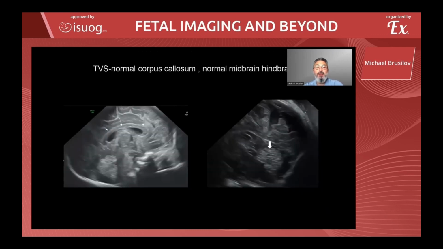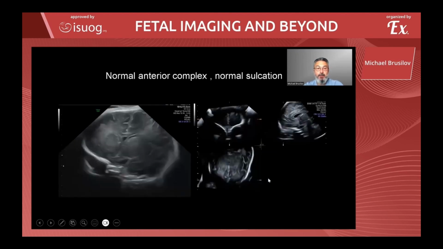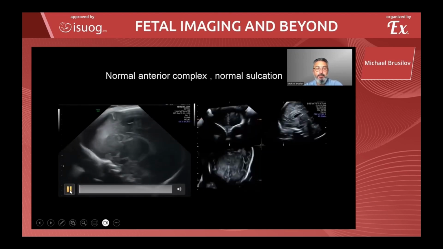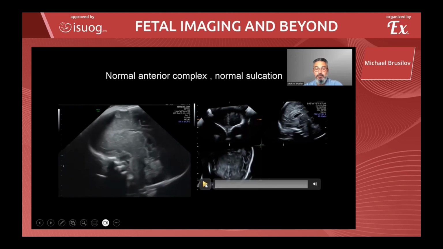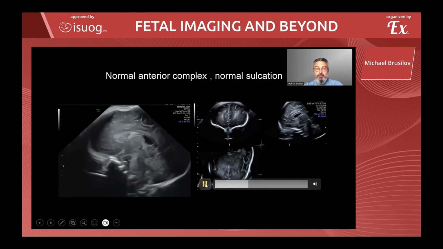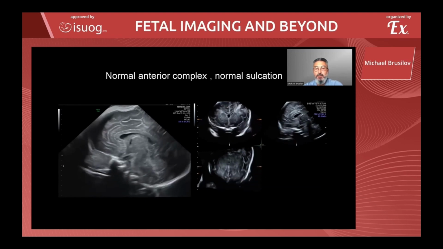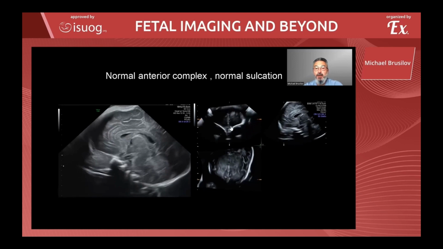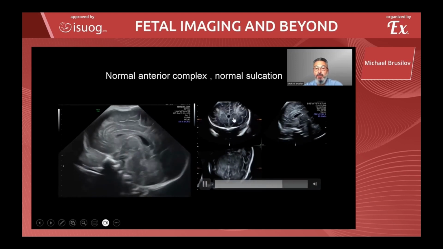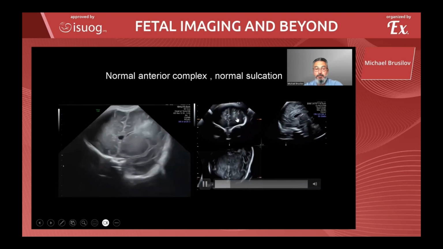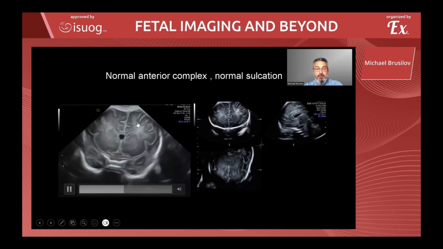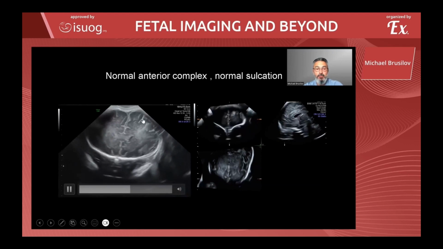By TVS, we saw normal corpus callosum, normal posterior compartment of the brain, vermis and brainstem, normal anterior complex, but something wrong was here with high echogenicity of the parenchyma.